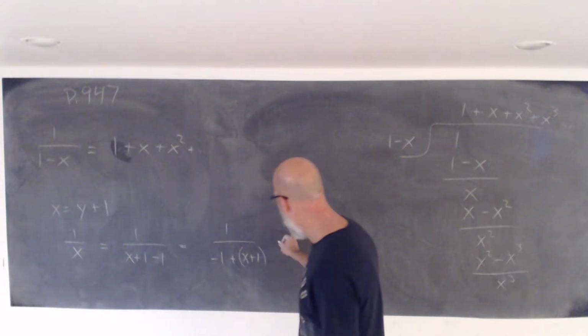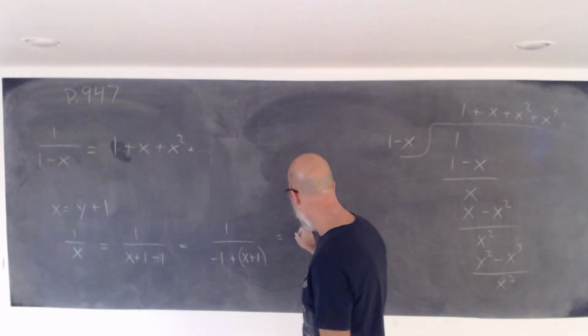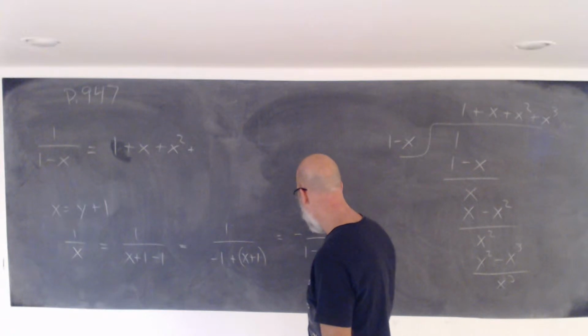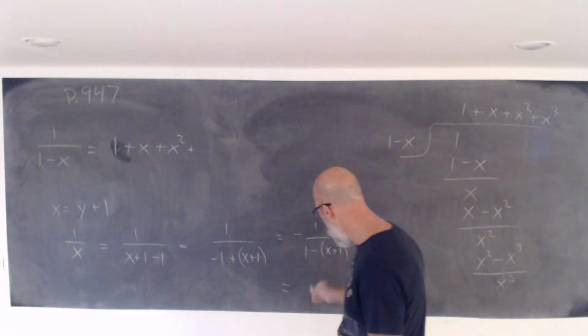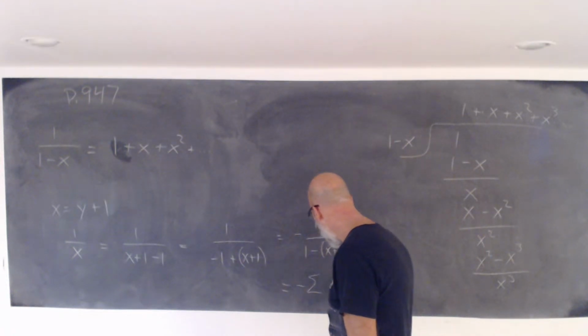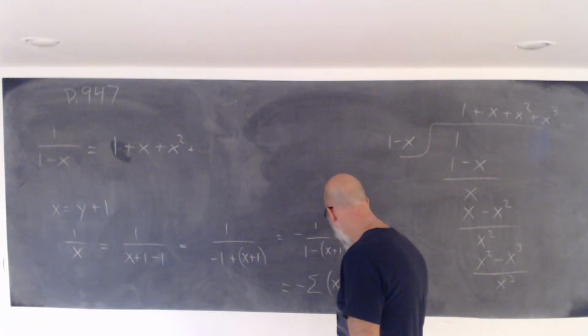And if you factor out a negative, negative 1 over 1 minus x plus 1. And so this gives you, again, a geometric series, negative x plus 1 to the n.